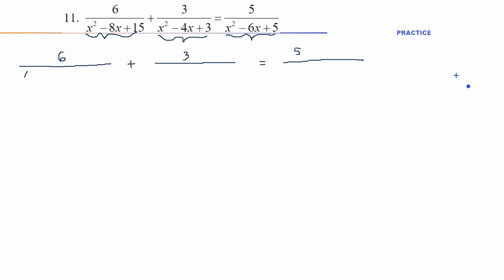Alright, one trick is that in this case the lead coefficient of the x squared is 1. So whenever we use the AC method, it will be those numbers inside the parentheses.